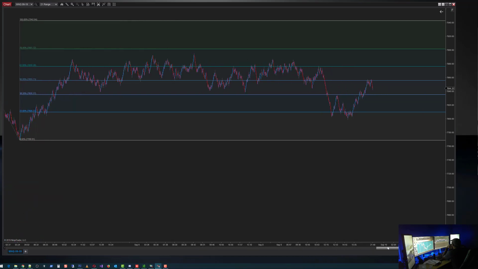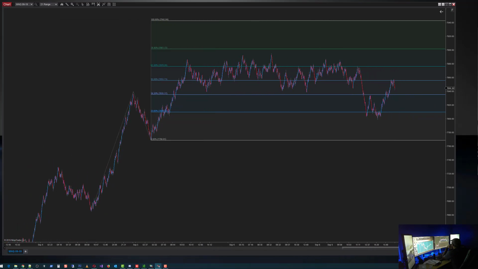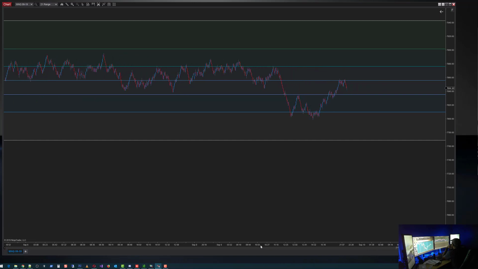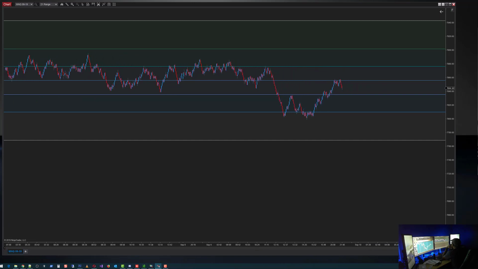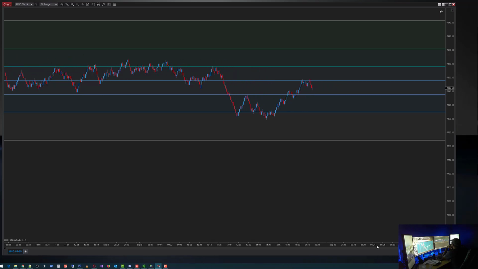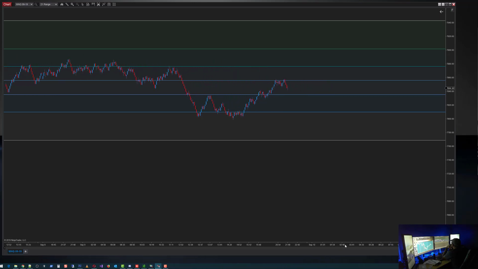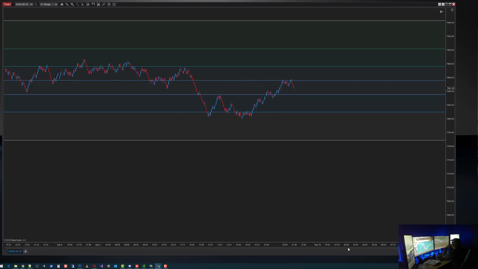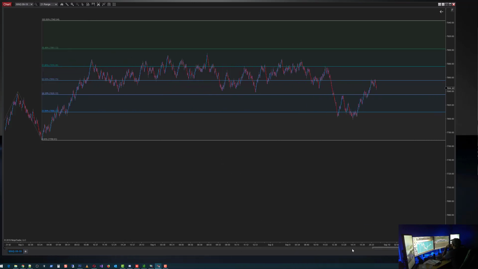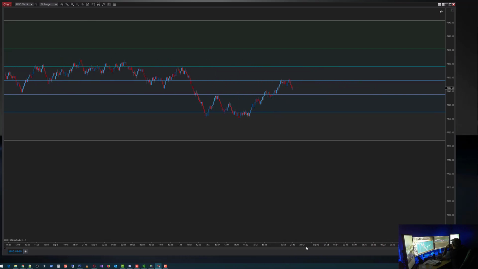Today's action. A lot of whipsaw here. So right around here we got the 50, 61.8. The 61.8 was good. Look at that, held it in nicely.